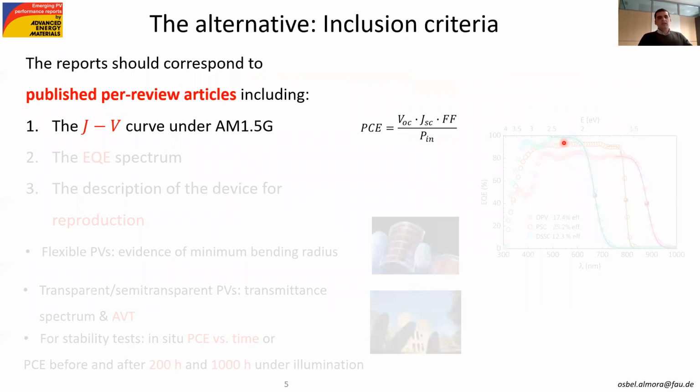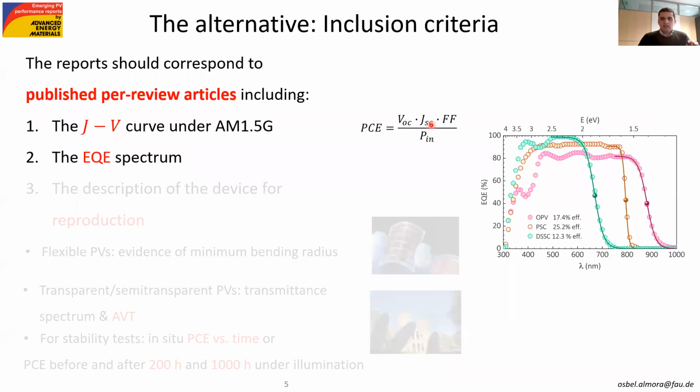In order to be highlighted as the most outstanding device in each category, we first require that each report in peer-reviewed articles present the JV curve, so we can evaluate whether the calculation of the power conversion efficiency was properly performed. We also require that the external quantum efficiency spectrum of each device be presented and properly described.